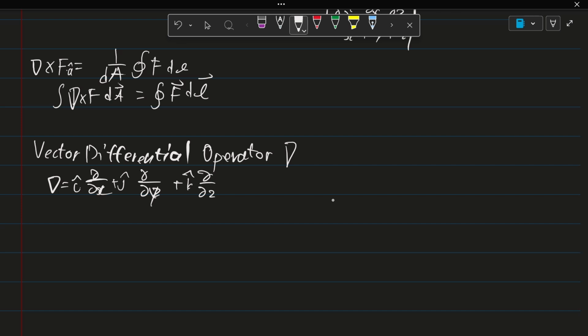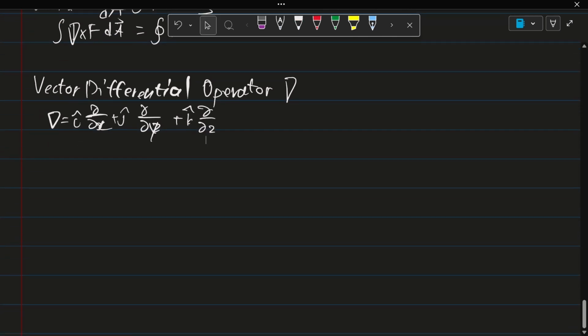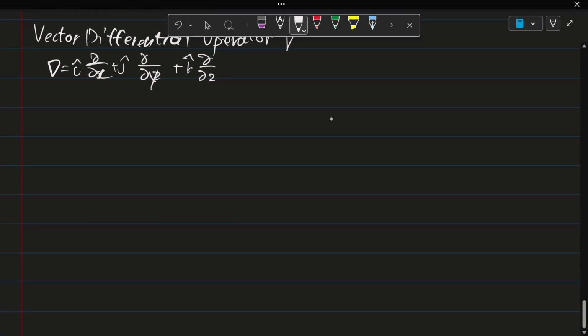So if you use them for operations for scalars and vectors, you could do it by dot product, cross product, or scalar product. You would get the gradient, divergence, and the curl, which is why we use this symbol to denote curl, divergence, and gradient.